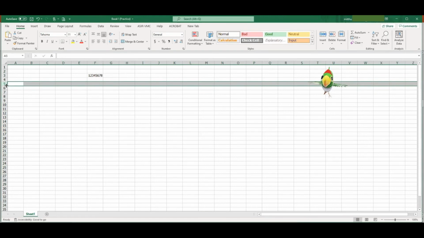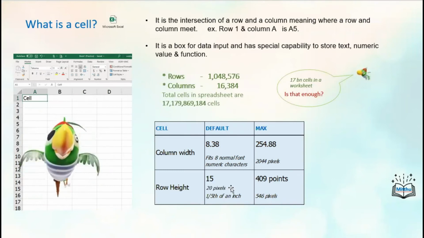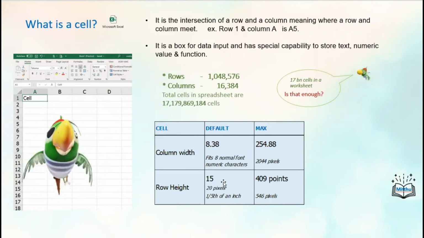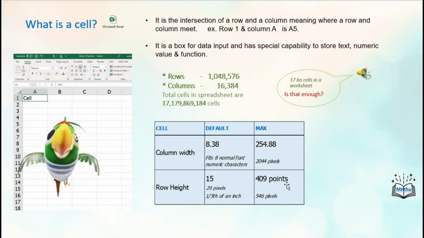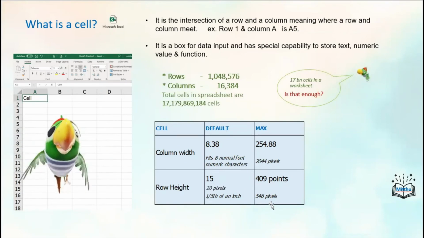Row heights may vary depending on the versions and the settings. Usually, 15 is the default setting of the row height. Mine is 14.25. This means it is 20 pixels and 1/5 of an inch, and this row height can be maximized to 409 points, that is 546 pixels.